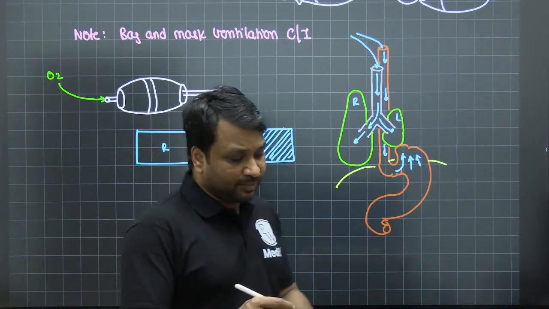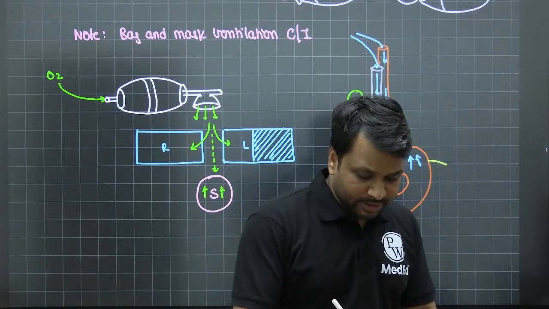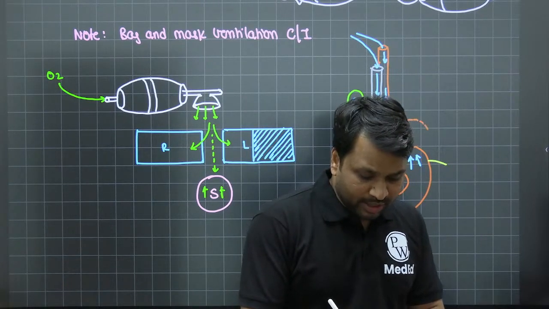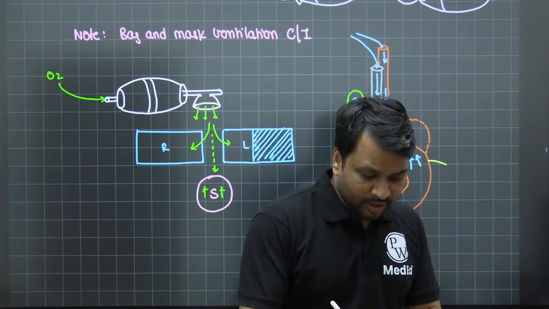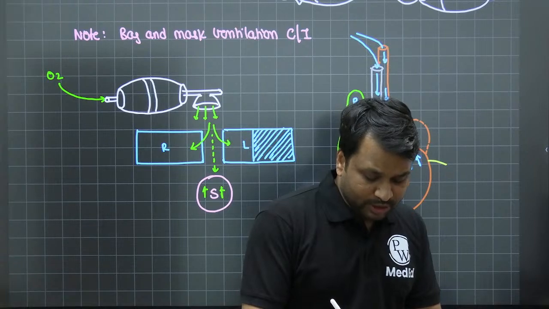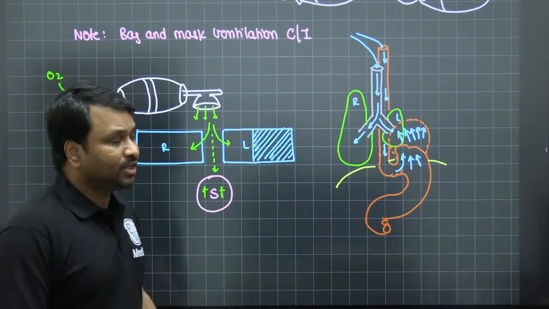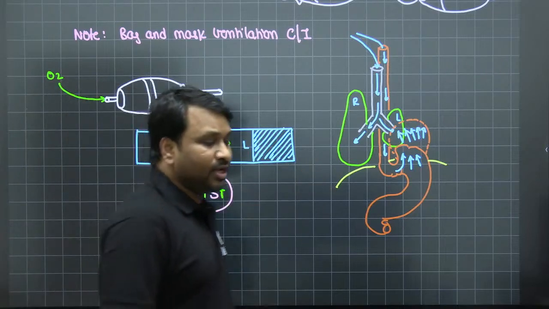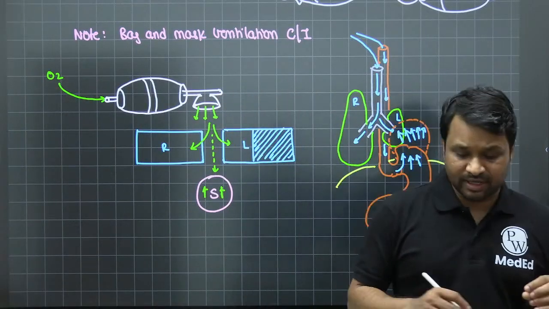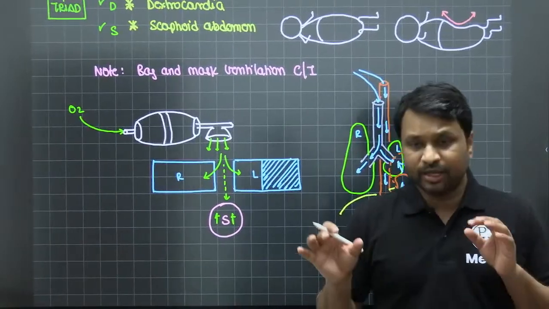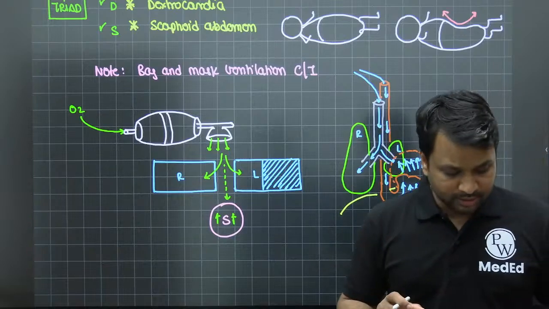As the air pools in the stomach, needless to say, the stomach is going to distend even more, and this over distension of the stomach will only exert more pressure on the lungs, worsening the respiratory status. So, hence, bag and mask ventilation is contraindicated in a baby with Bochdalek hernia.